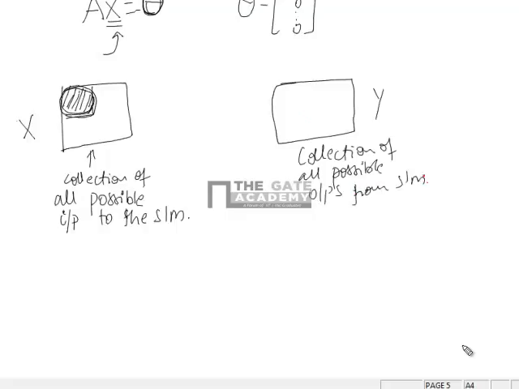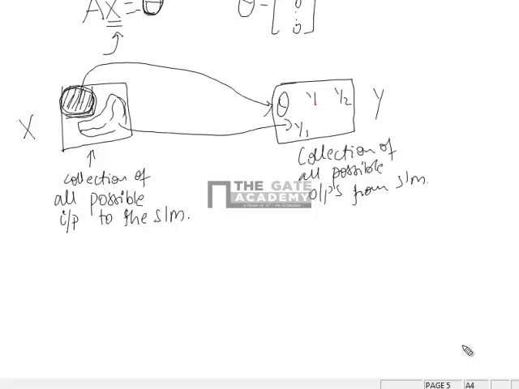Now what does that mean? If I pick any x from here, I always land at only one point in y, that is theta. If I take any input from these other regions and apply it, I get a different y. I get y1, I get y2, I get y3. These different y's I get.